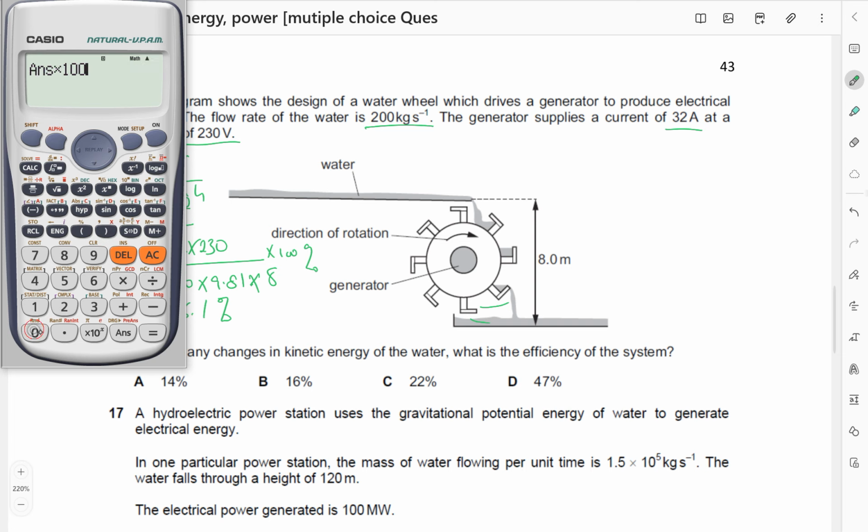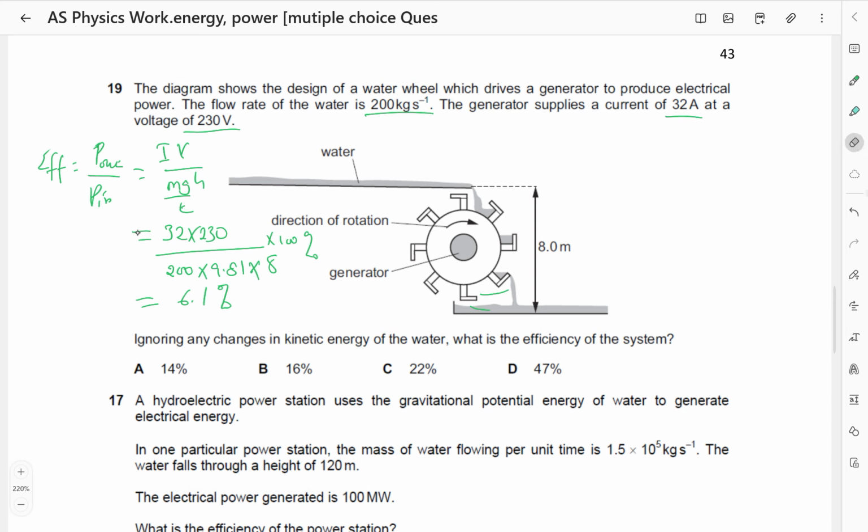Then times 100. I think that is around 46.89, which is 47, not 6.1. So I pressed my calculator wrongly. So that is approximately 47%. So the answer is going to be D.